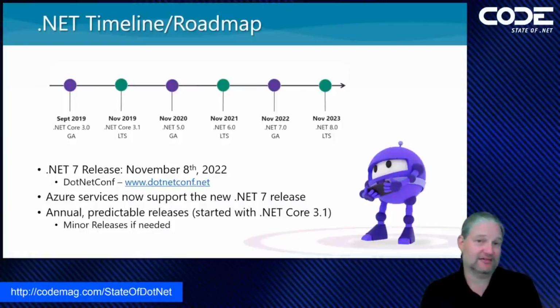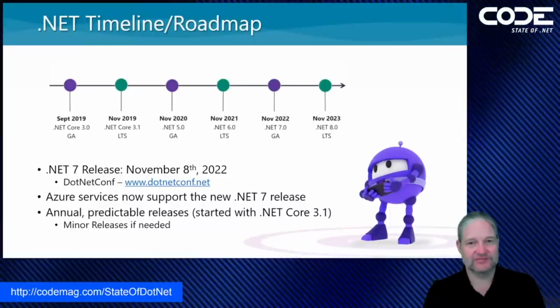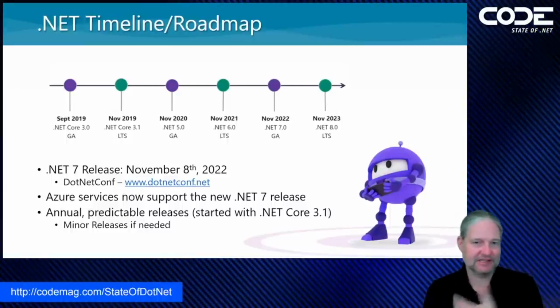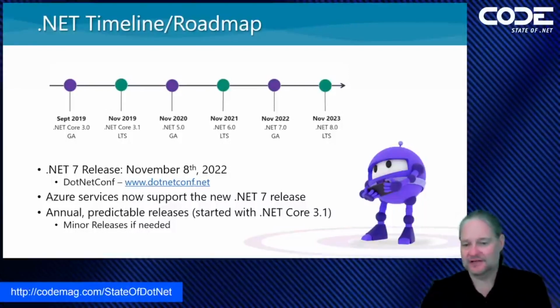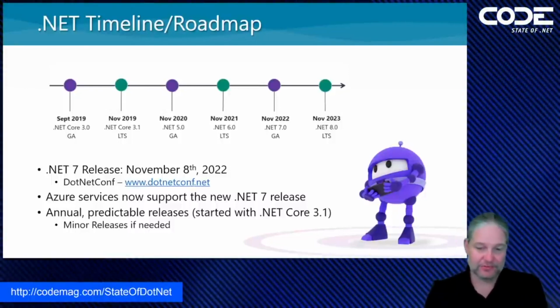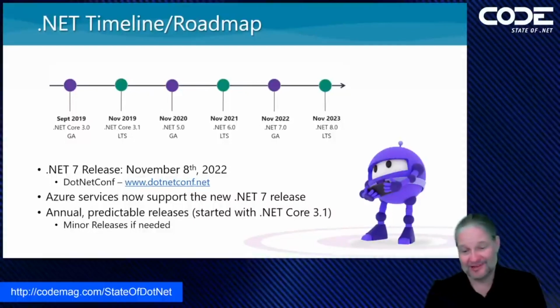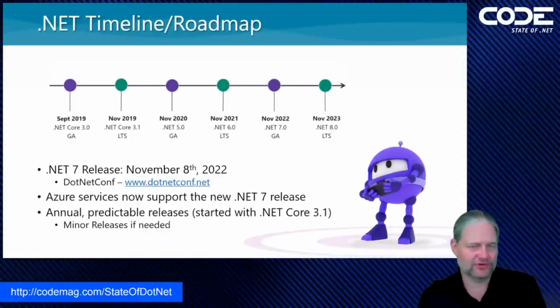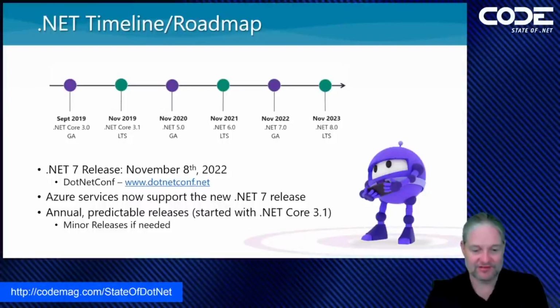So if you were on .NET 5 and then .NET 6 came out, well, it was easy to just flip the switch and go to .NET 6. And that's always the expectation. And it's kind of true for .NET 7. If you were on 6, you can flip the switch, go to 7. I've not seen any scenarios that are incompatible. And the same will be true again for .NET 8. So some people always say, oh, well, it's not an LTS release. Should I go to it? And my answer always is yes, you still should, because it's so easy to move along.